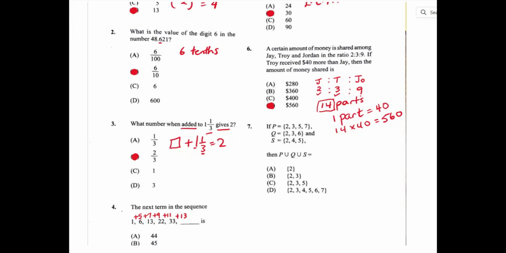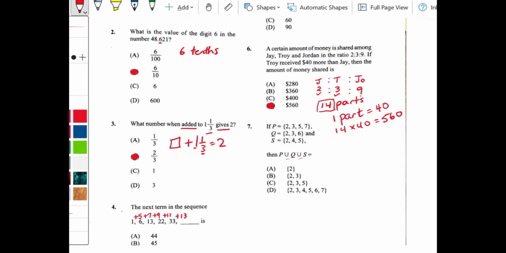Number 7, if P is equal to {2, 3, 5, 7}, Q is equal to {2, 3, 6}, and S is equal to {2, 4, 5}, what is P union Q union S? Now, if it is union, it means you are collecting all of them together without any repetitions, right?